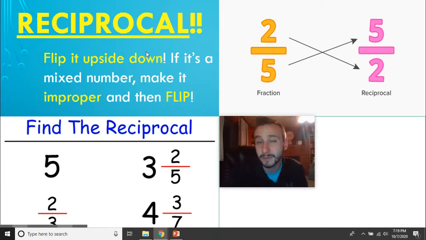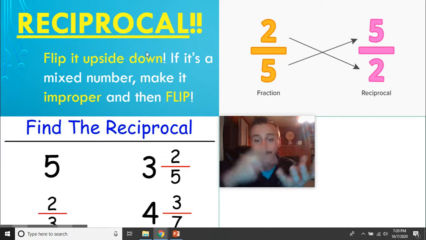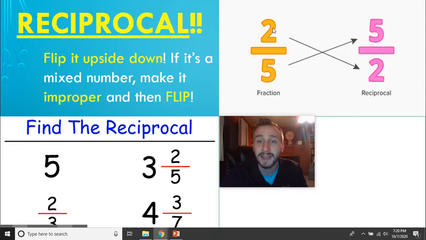Hopefully you've heard the word before, but the basic definition of a reciprocal is the flipped upside down form of a fraction. And if it's a mixed number, once you change it to an improper fraction, the reciprocal is it being flipped. So here's an example. If I have 2/5, that's my fraction, and I ask what's the reciprocal of that?